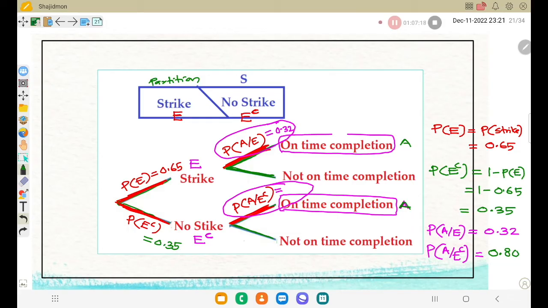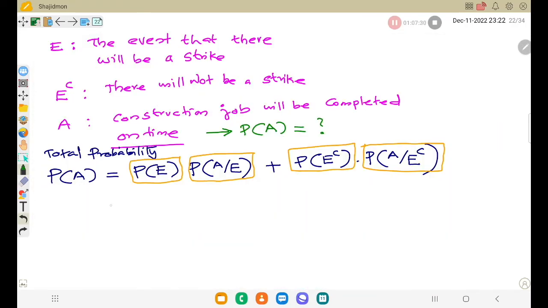So we have all the numbers: probability of E, probability of E complement, probability of A given E, and probability of A given E complement. Just apply them here and you will get the answer. Probability of E 0.65 times probability of A given E 0.32, plus probability of E complement 0.35 multiplied by A given E complement 0.80.